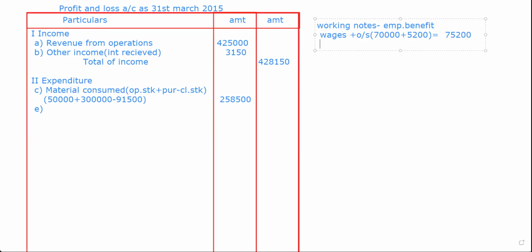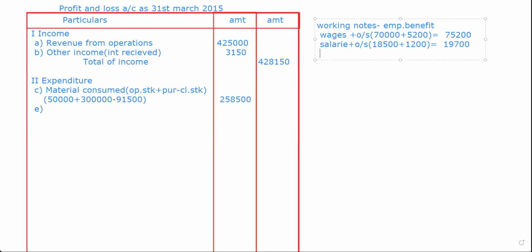Then he gave me salaries plus outstanding salary. Salaries he has given us 18,500 plus outstanding 1,200. That together I'm going to add up: 18,500 plus 1,200 is equal to 19,700. So this is the salaries I have got.